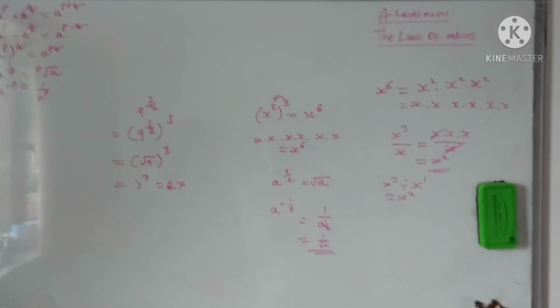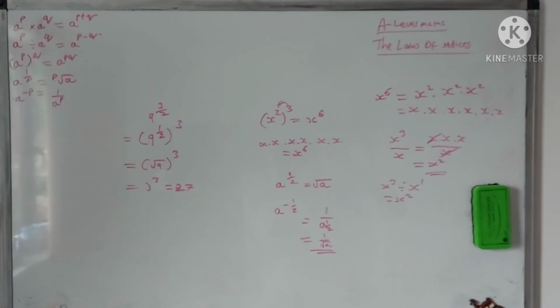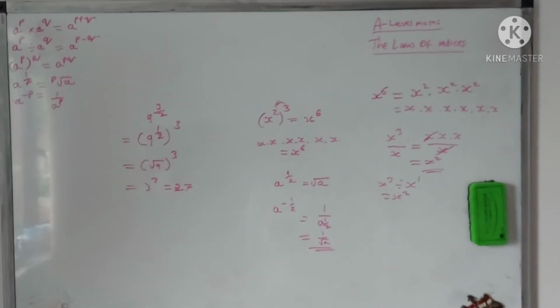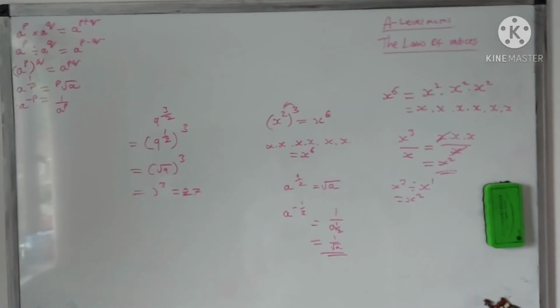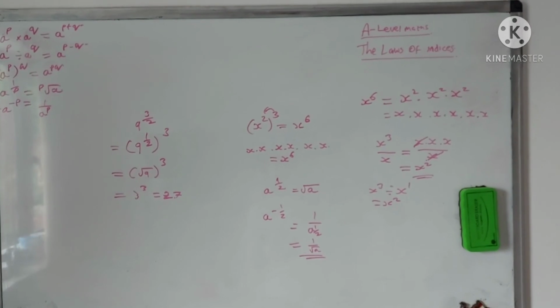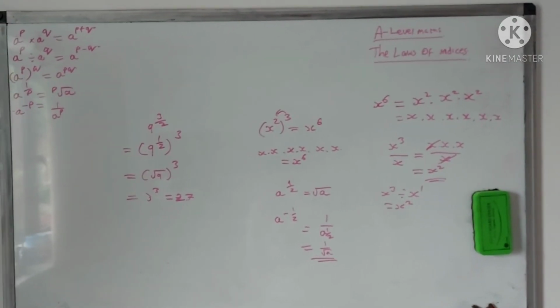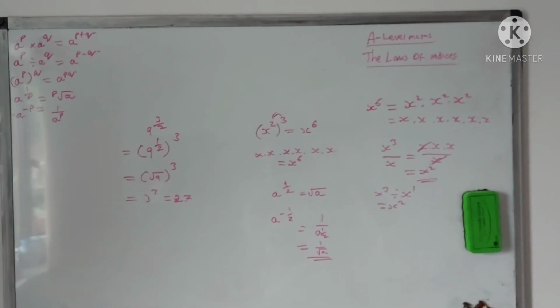Index laws need some rigorous practice to get good at, because some people in year 13 still struggle with the laws of indices, and we should be good with those as we look at the laws of logarithms, which we'll get to in the next video.